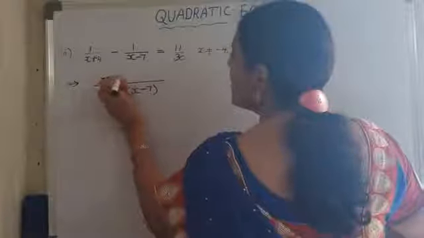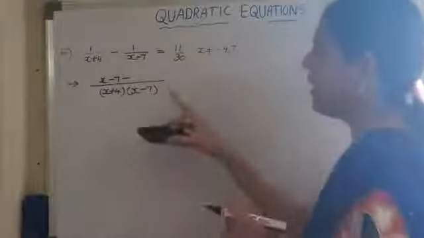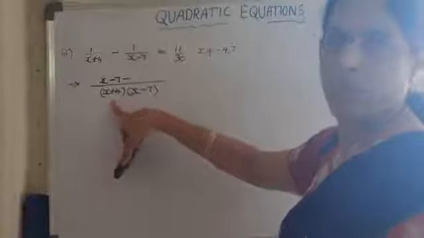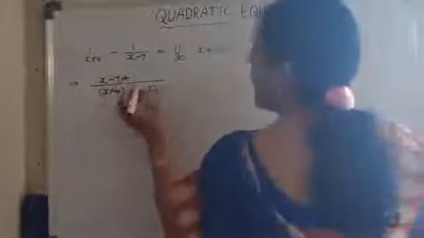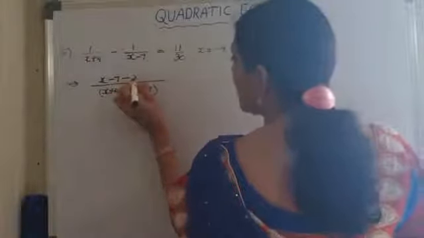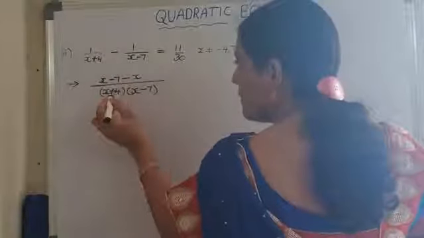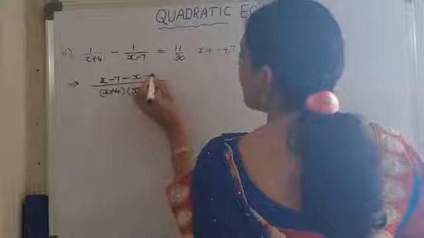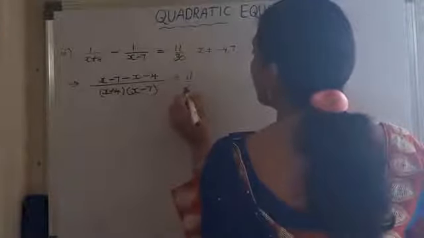So (x minus 7) minus (x plus 4), over (x plus 4) into (x minus 7), equals 11/30. Now, minus 1 into x plus 4 means minus x minus 4.